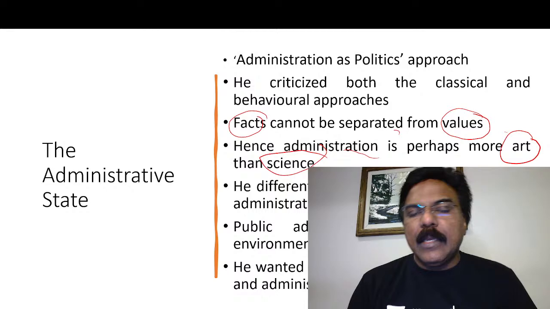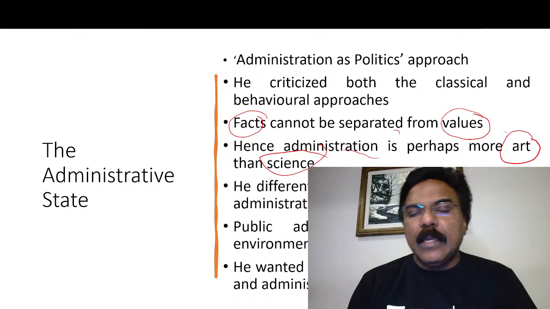And he said, no one should be allowed to teach political science without an experience in public administration. Right. So this again shows the flexibility of the man, that he's willing to change. He's not dogmatic about his theory or his thoughts, right? So Waldo, you have to understand, is a very important thinker in our public administration.